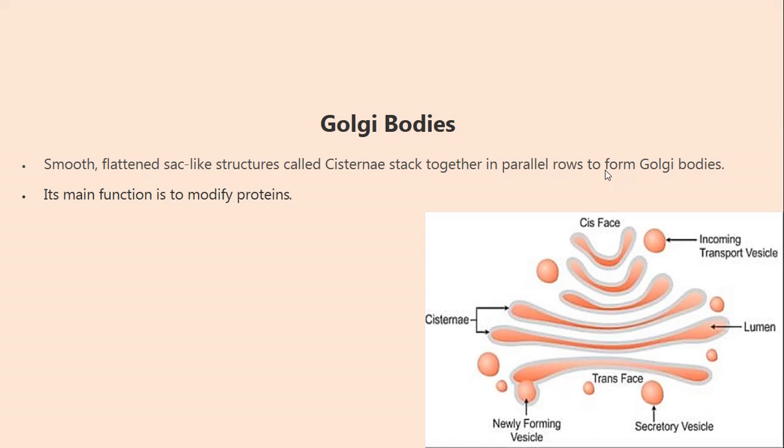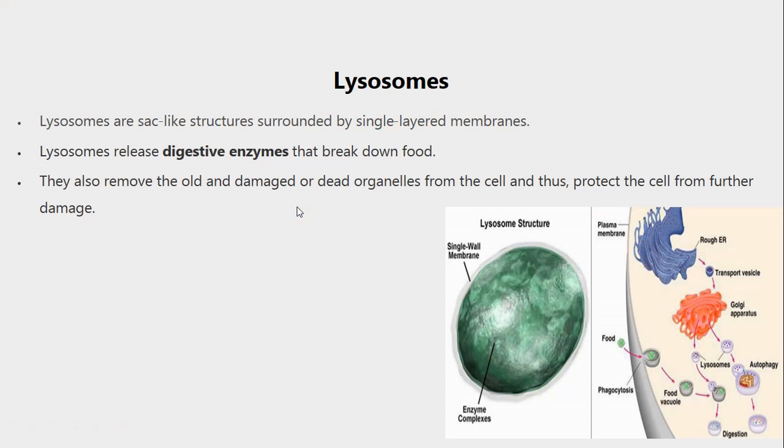Next is the Golgi bodies. These are smooth sac-like structures and they are parallel to one another. Their main function is to modify proteins. Next is the lysosome. Lysosome is also a sac-like structure.